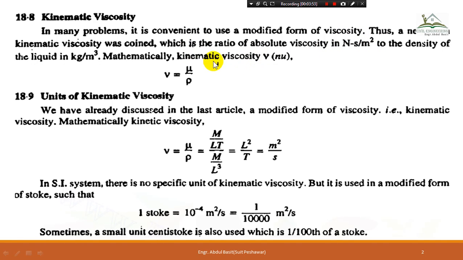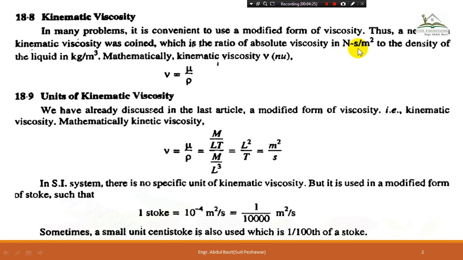So the kinematic viscosity will become like this. If you want to go into further detail for units, mu is equal to mass per unit length per unit time. Why? Because a Newton comes from F equals ma, Newton's second law of motion.